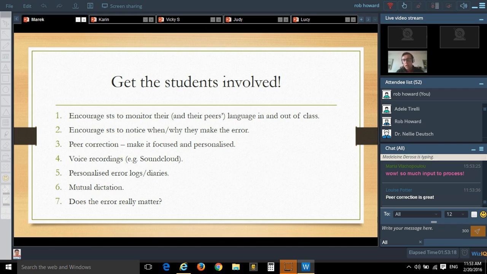But it's got to be personalized, so you've got to tell that person who's monitoring, look, you've got to focus on Andres' third person S and correct that. Okay? And there are also other ones like mutual dictation, so you can do dictation and drills. The students can do it instead of you doing it.